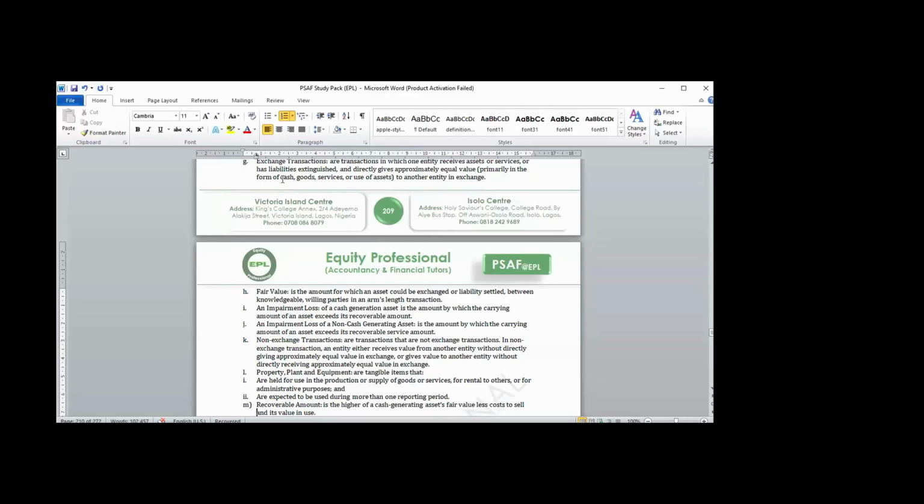Now, recoverable amount. Recoverable amount simply means what? The amount to be realized on a particular asset by comparing the higher of the what? Fair value, higher of the fair value and the value in use.